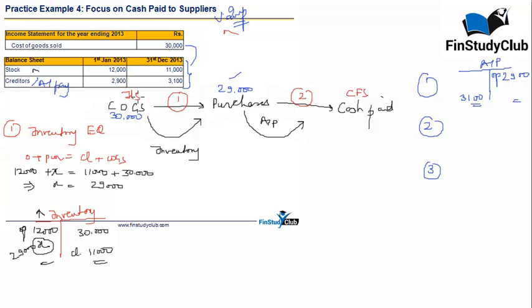Now accounts payable have absolutely no relationship with what you're consuming. What they are bothered about is how much you're purchasing from them. So your 29,000 is the purchase, and the balancing figure is the cash paid to supplier, which by doing a quick math is coming out to be 28,800.